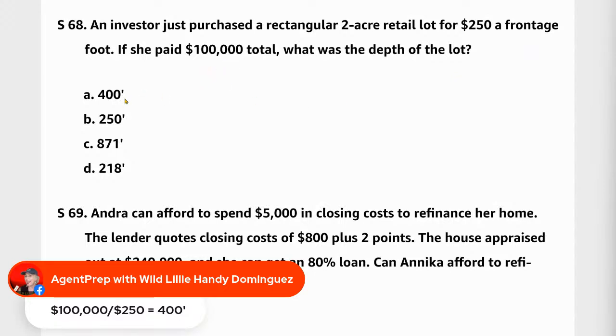They came up with 400 feet. That is the front part of the property, so it has lots of frontage. But now it asks, if she paid 100,000 total, what is the depth? The frontage is 400. The depth is 218. A rectangle has one long side and one short side. The front has a lot of frontage, and the depth is shorter, 218 feet.